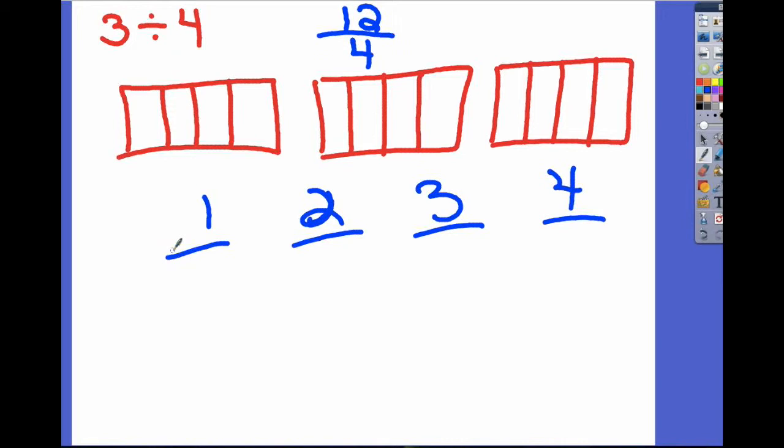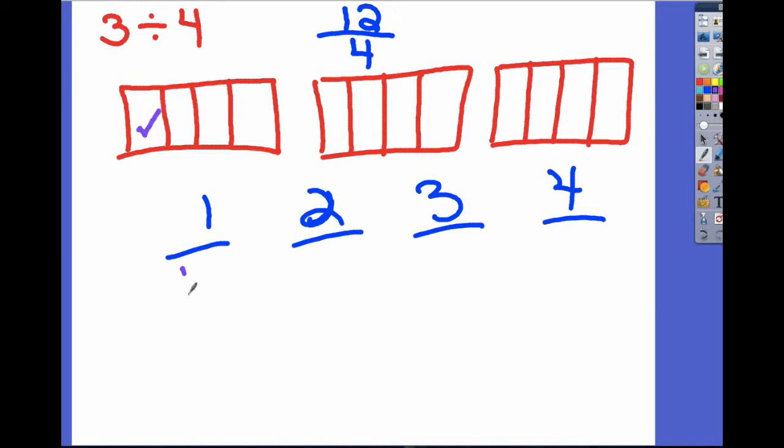And as I go through the boxes, what am I going to do? I start with the first one, and what am I going to do? Jillian? Okay, so I'm going to go up to this one.